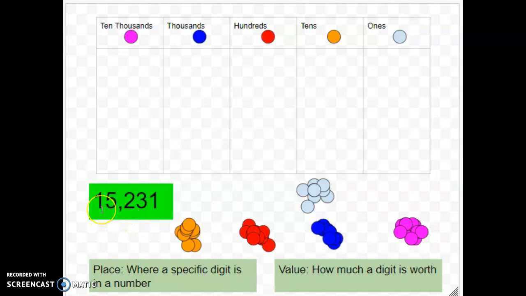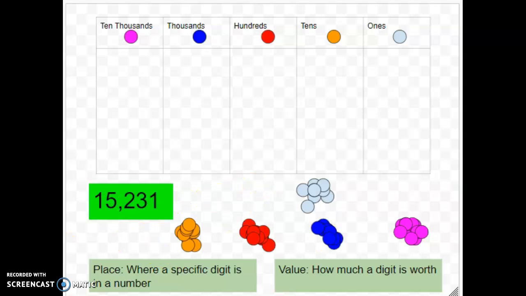In 4th grade, you ended at the 10,000s. You might have gone to the 100,000s, which is next, and then your millions. So you might find a pattern. You have 1s, 10s, 100s. Your next 3 are thousands, 10,000s, and you guessed it, 100,000s. For the sake of this video, we're just going to review our 4th grade standard.